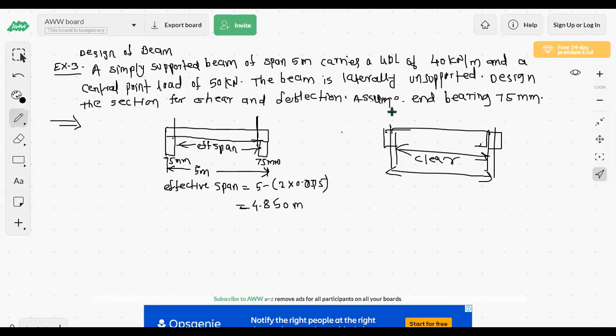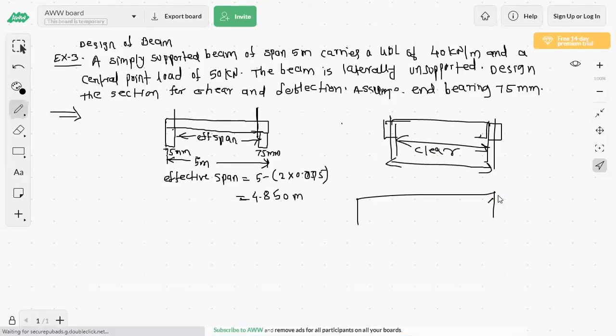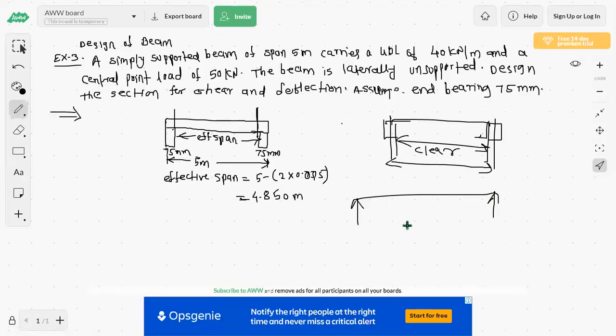Okay. Again one question is there. Whatever I am telling you about effective span, one of the students is not getting it. So see, if this is a simply supported beam, then in the calculation we have to take the effective span.